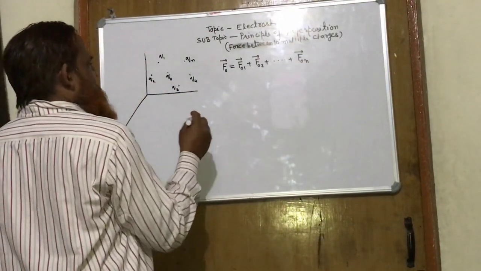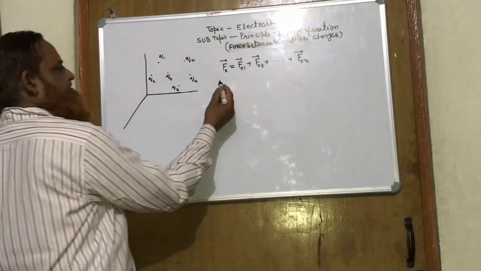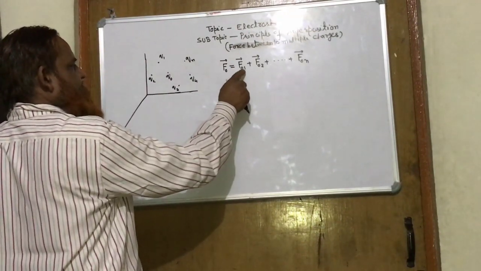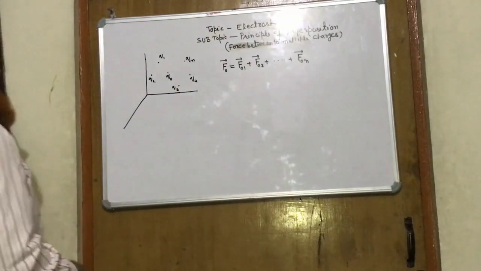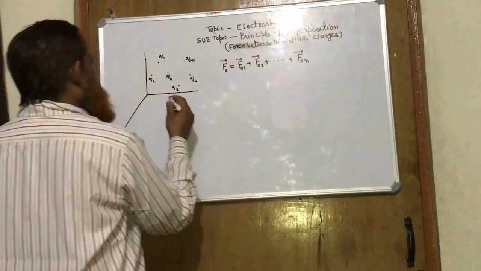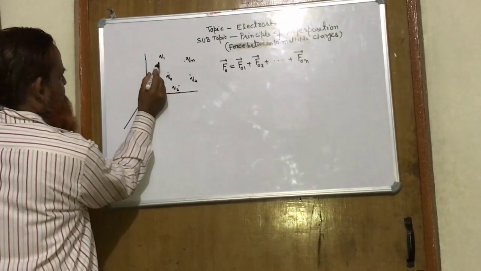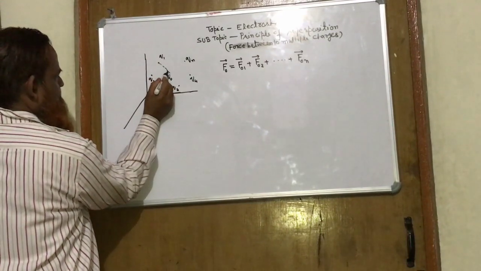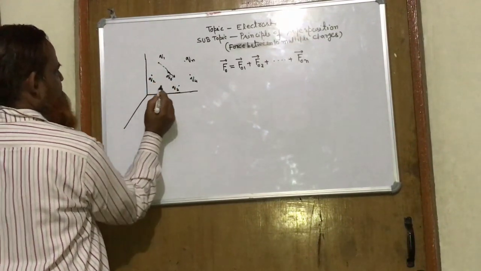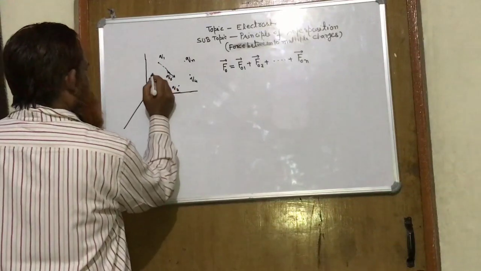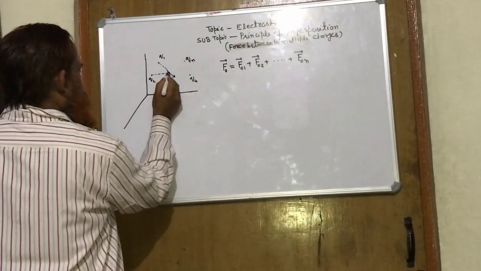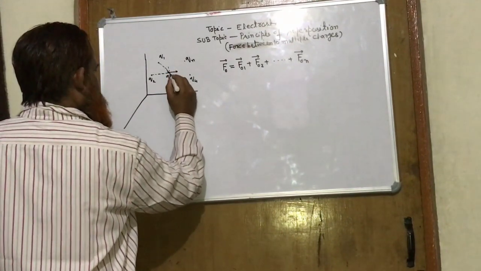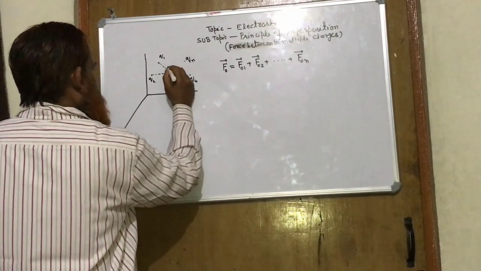For F01, we write first the charge on which the force is acting, and after that the charge which is exerting the force. So the force on Q naught due to Q1 will be in this direction, due to Q2 in this direction, and due to Q3 in this direction.